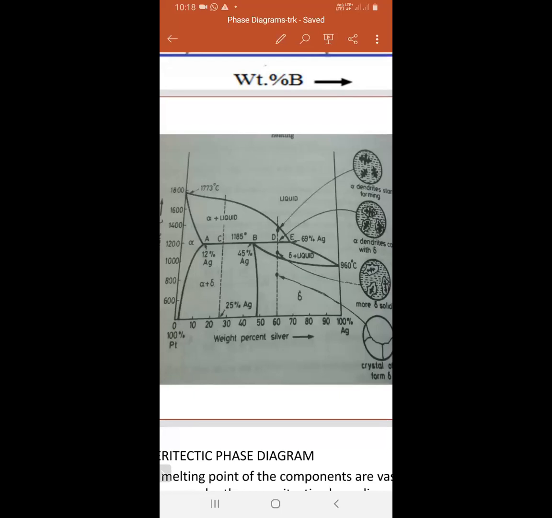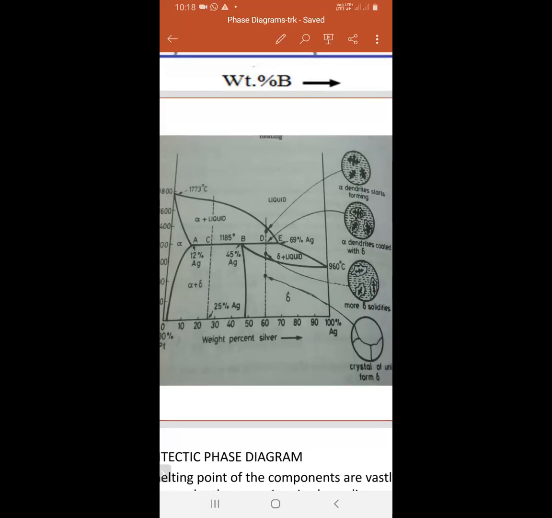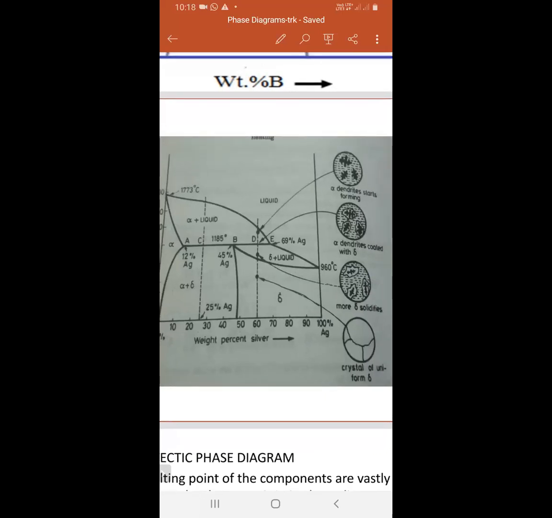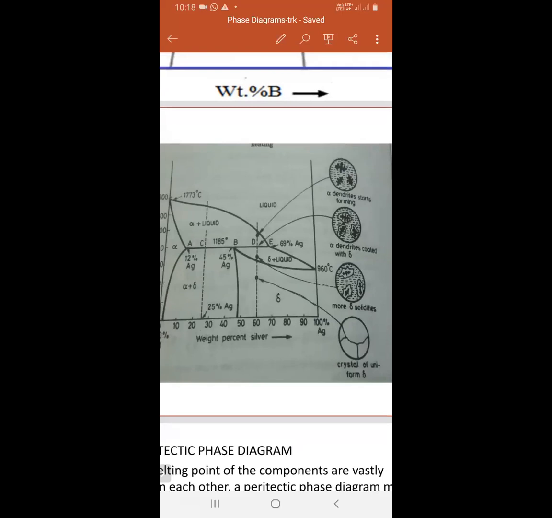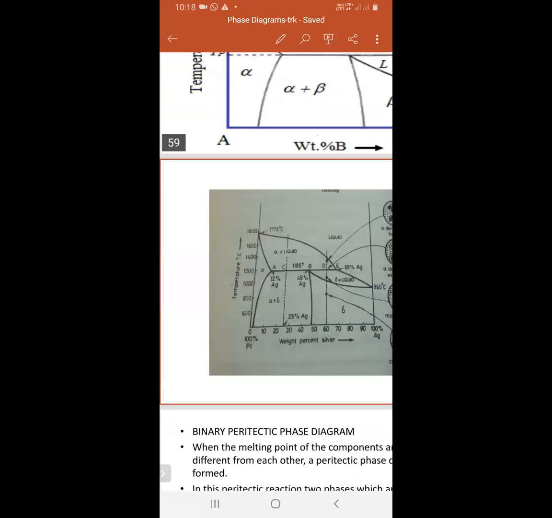Next, when it crosses this line, here is the delta, delta plus liquid. Then when it comes down, here it forms a new solid phase, that is gamma. This is the peritectic phase diagram.